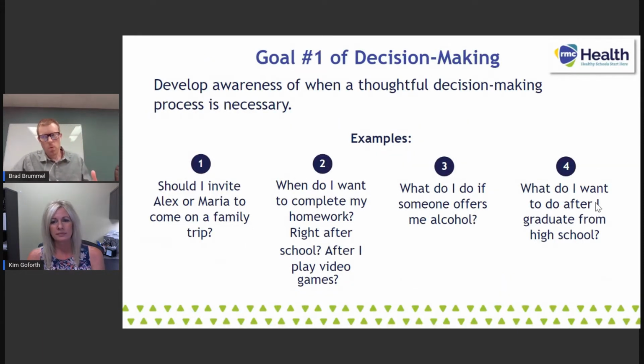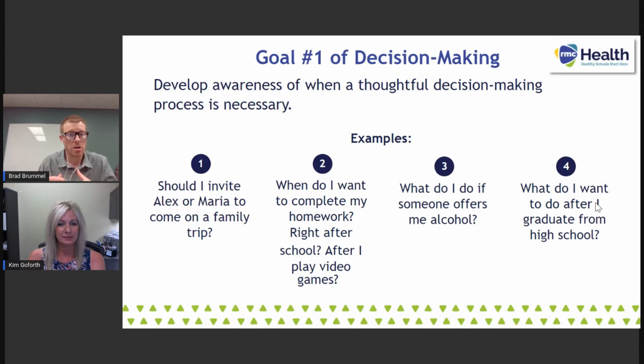So within each of our skills, we have some goals. Goal number 1 of decision making is to be able to develop an awareness of when a thoughtful decision-making process is necessary, because it's important for students to know that not every decision needs to go through a thoughtful decision-making process using a step-by-step model.